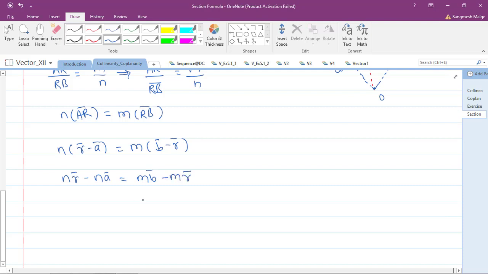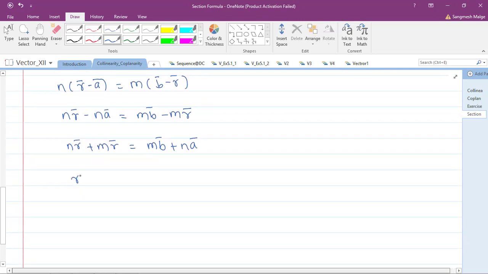So let's take R bar on the LHS, n R bar, and take this minus m R bar to this side, m R bar equals m B bar. Let's take this minus n A bar to this side, plus n A bar. So take R bar common from the LHS, R bar in bracket (m plus n), which equals m B bar plus n A bar upon.